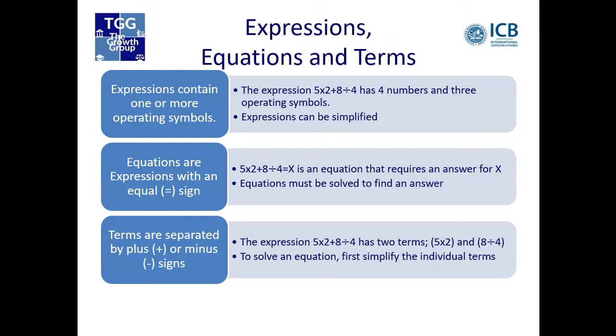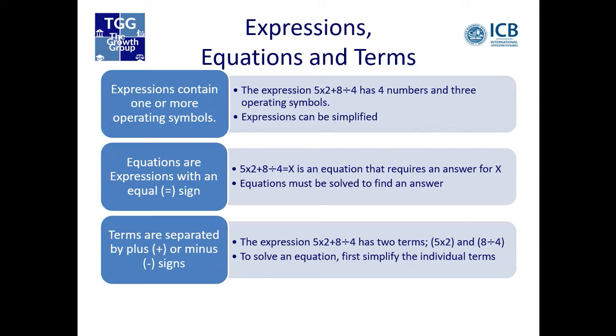Expressions contain one or more operating symbols. If we look at the expression 5 times 2 plus 8 divided by 4, it has 4 numbers and 3 operating symbols. The thing about expressions is that they can be simplified. Equations are expressions with an equal sign in them.